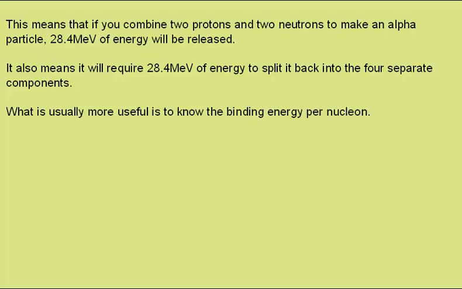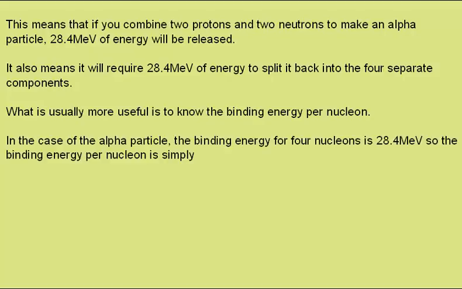What's usually more useful than knowing the binding energy is to know the binding energy per nucleon. In the case of the alpha particle, the binding energy for 4 nucleons is 28.4 MeV, so the binding energy per nucleon is simply the 28.4 MeV divided by 4, meaning 7.1 MeV per nucleon.